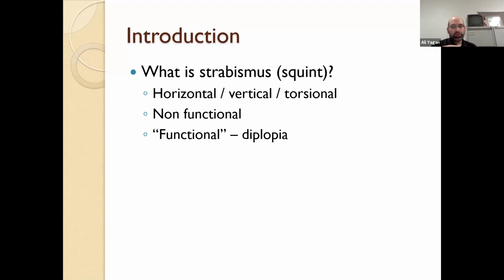That causes, on some occasions, a functional strabismus, where the patient has a functional complaint, or a non-functional strabismus, where the patient can see okay, one eye is out of position, but it's not causing them any visual problem. We try to avoid using the word cosmetic squint because it's essentially not a cosmetic problem.